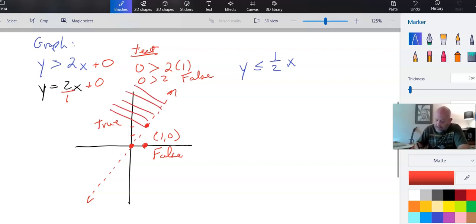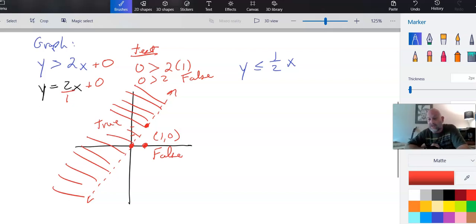You always get one true side and one false side, so you color the true side. If I pick a point on the line, that actually won't be a solution, and because it's not in either half plane, it doesn't tell you which side to color either, because it's not even on a side. You need something that's definitely on a side to know which side to color. Okay, so that's our first one.